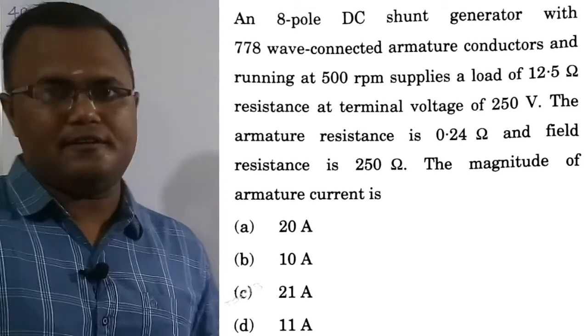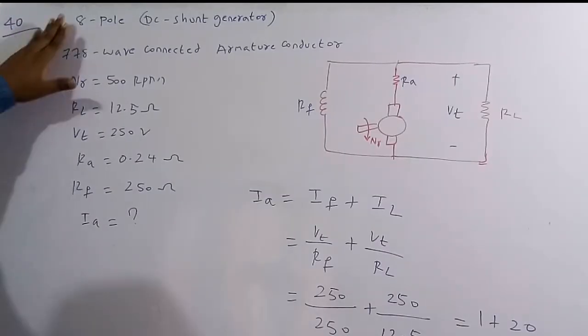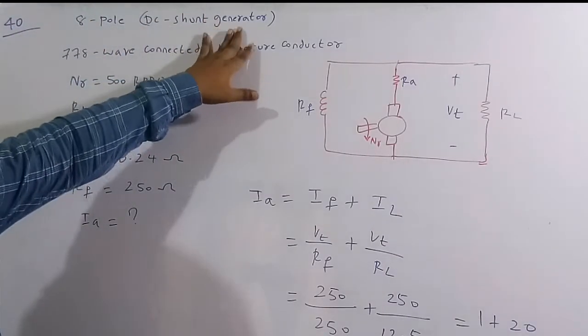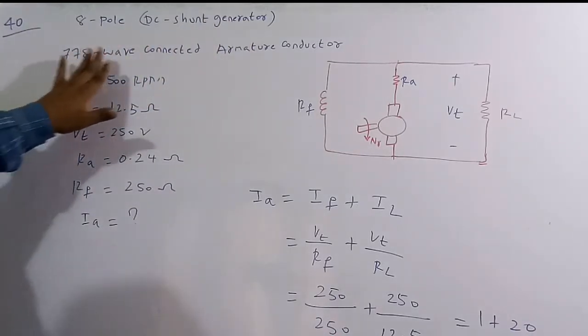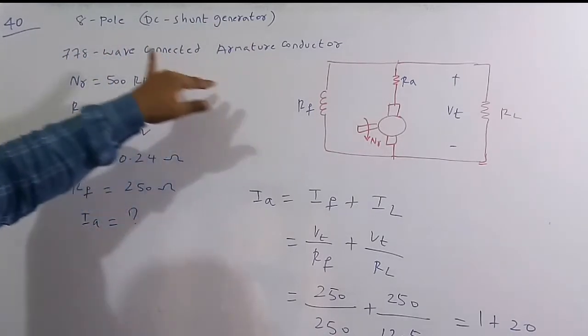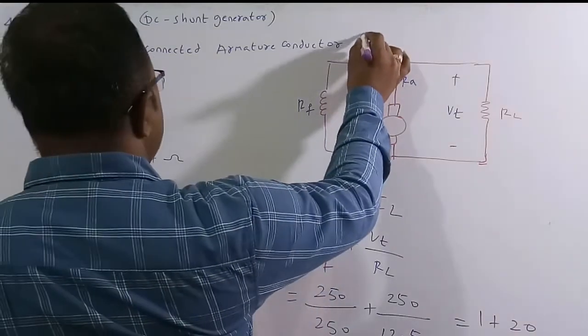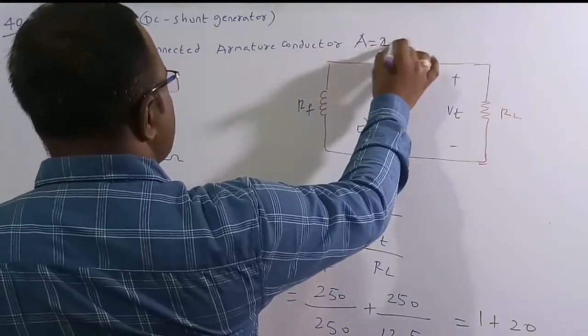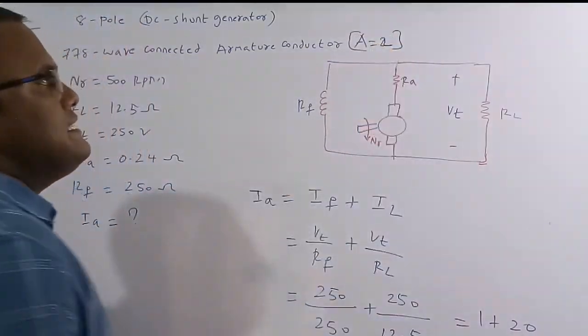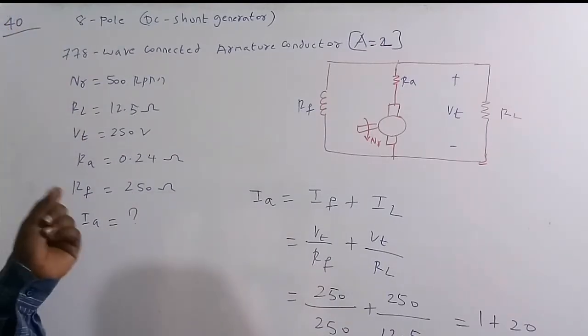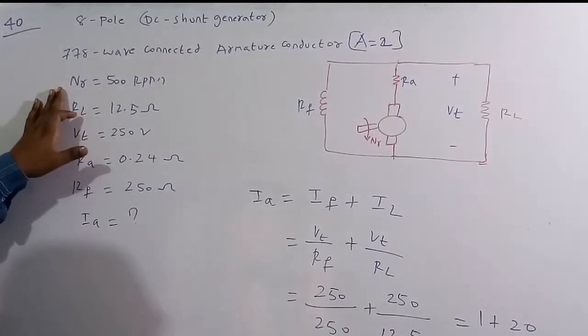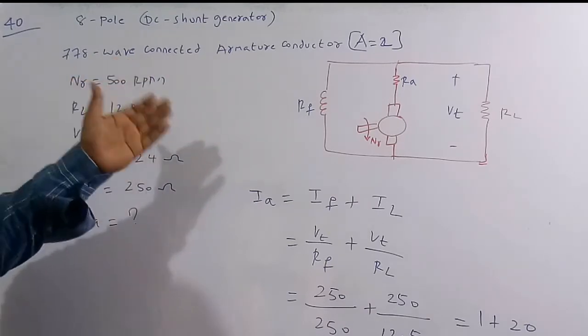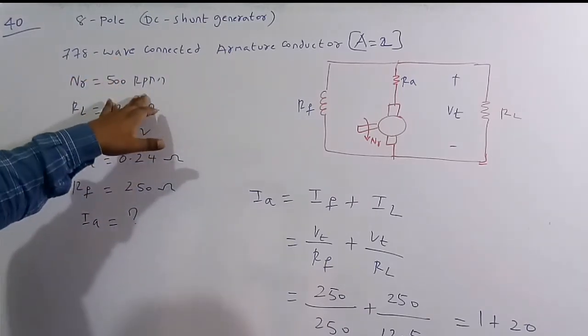So let's solve this numerical. In this question they have given an 8-pole DC shunt generator which has 778 wave-connected armature conductors. Wave connected means the number of parallel paths is equal to 2. Therefore each parallel path will have 778 by 2 conductors. The DC shunt generator is going to rotate with a speed of 500 RPM.